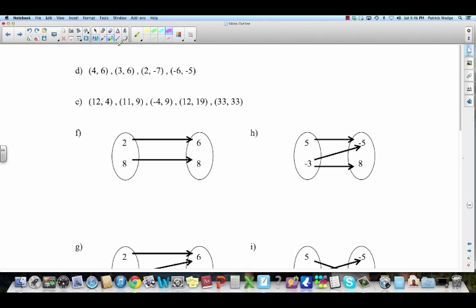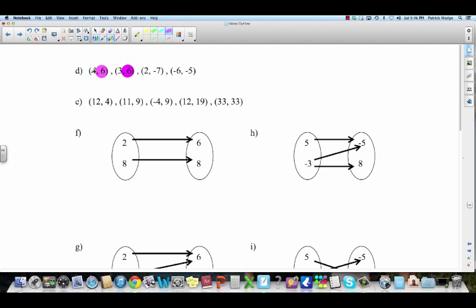We have some ordered pairs. What you want to do is look for some common numbers. In our domain, the x values, we have 4, 3, 2, and -6. Those are all different numbers, so far it could be a function or a one-to-one function. Now, if we look at the range, the y values, we have 6 and 6 here, and then -7 and -5. What does this mean?